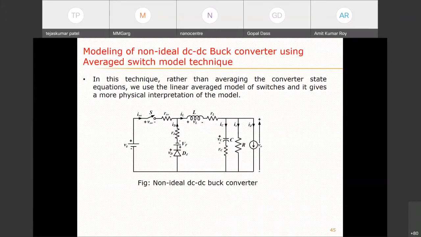In the previous technique, when the switch was on, we wrote the state space equations, like the voltage across the inductor and current across the capacitor. Then after that, we did averaging and all those things.